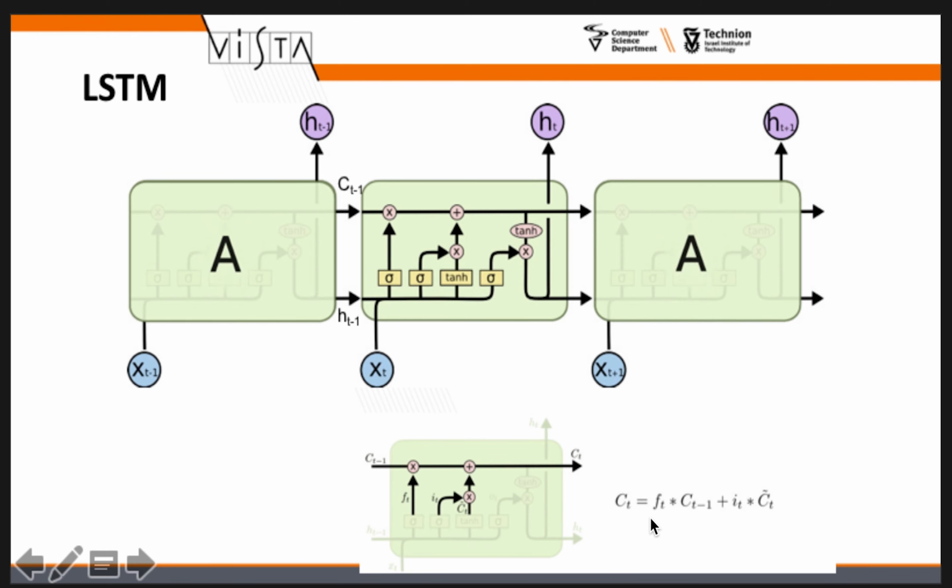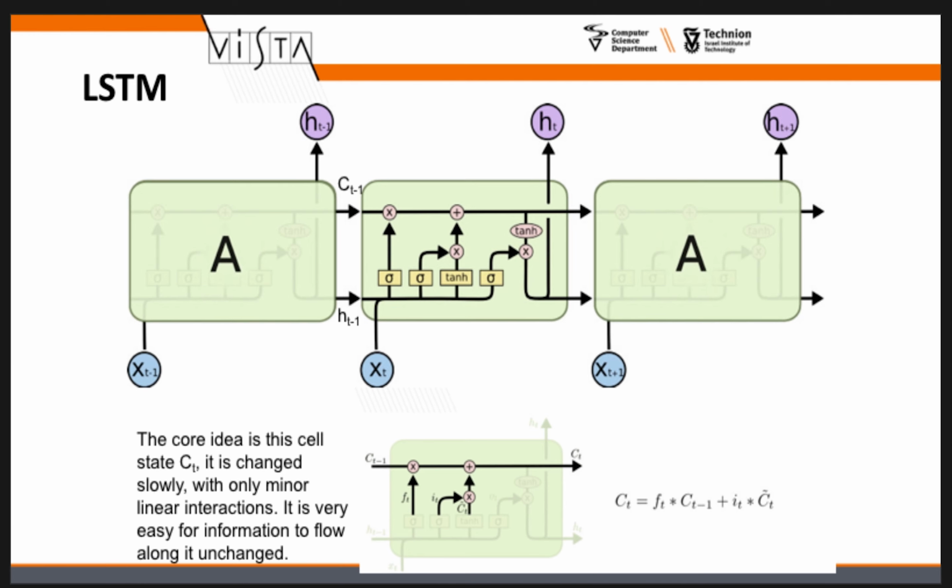Let's talk about each of the functions. So ct: the core idea of this cell is to change slowly, with only minor linear interactions. We want our change to be slow. A slow change we can actually find and differentiate.